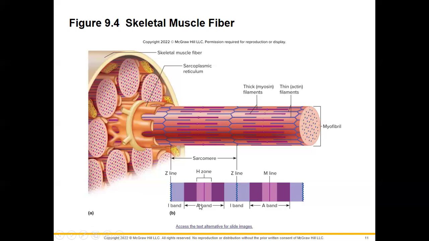The H zone is only thick filaments. The A band is thick filament including the part that overlaps with the I band or the light bands. You have your I band that is only thin filaments, and then the center of that is your Z line that connects and anchors those thin filaments in place.